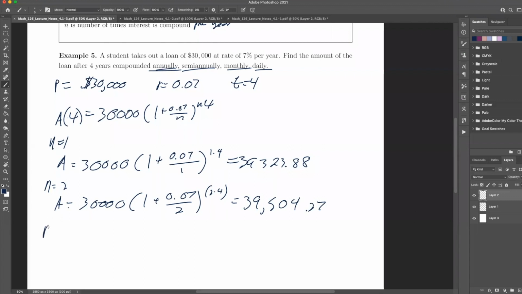Okay, let's do this one more time. So let's do it monthly. So monthly, we'll compound it 12 times in a year. A in this case equals, I'll just write down the number. You put a 12 and 12 here. It's 39,661.62.